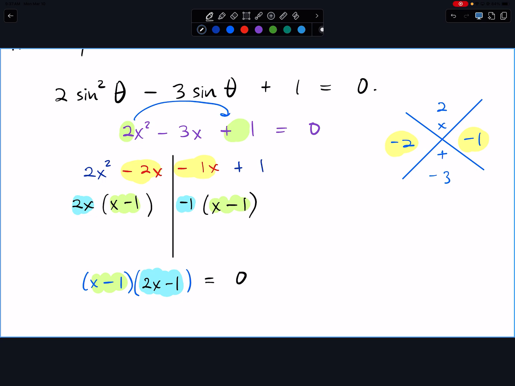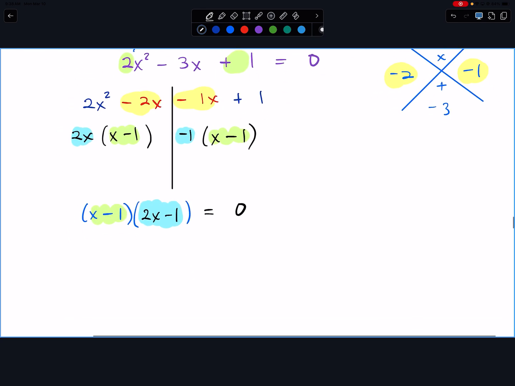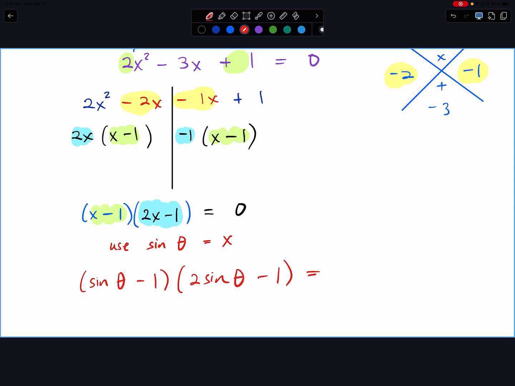Now, are we really solving for x though? What was x in this problem? Sine. Sine of what? Theta. Okay, so I'm going to replace now, use sine of theta is equal to x. So instead of writing x minus 1, it's really sine of theta minus 1 times 2 sine of theta minus 1 is equal to 0.